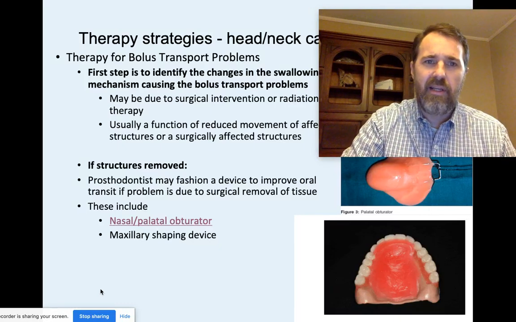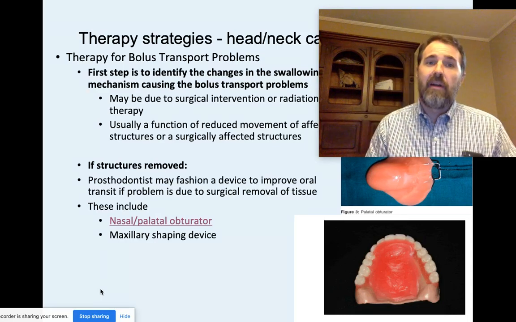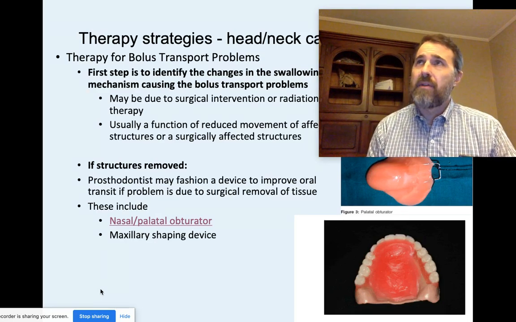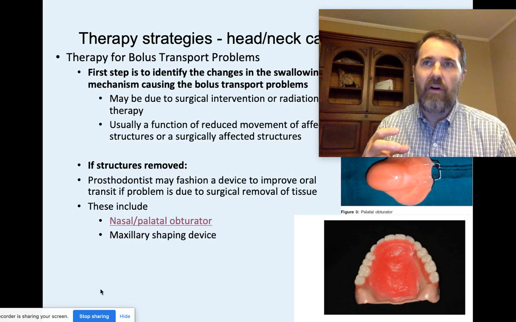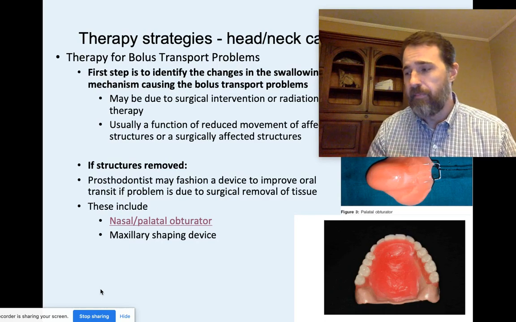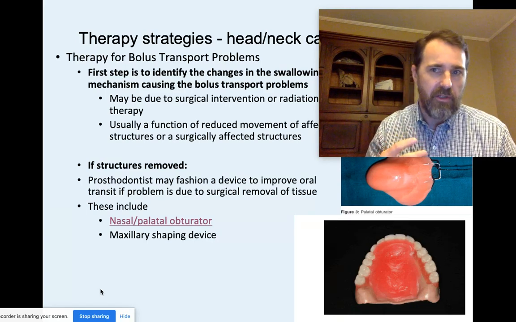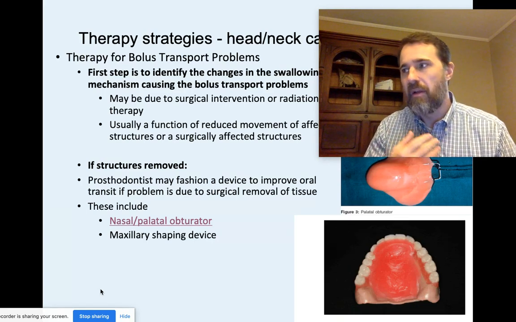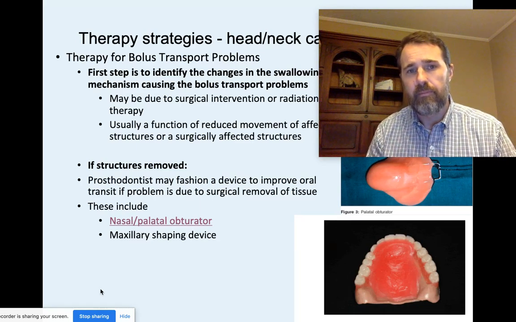All right, so let's get into bolus transport problems following head and neck cancer. Largely, when we're talking about this, we're talking about anatomical differences that are the result of a surgery to remove the cancer, or maybe fibrosis of musculature that is negatively affecting the mandible, the tongue, possibly the velum.